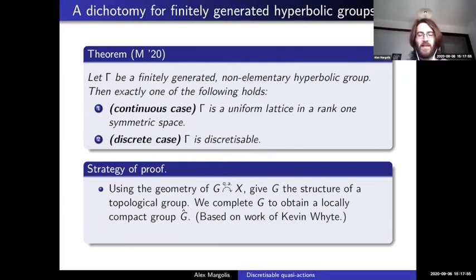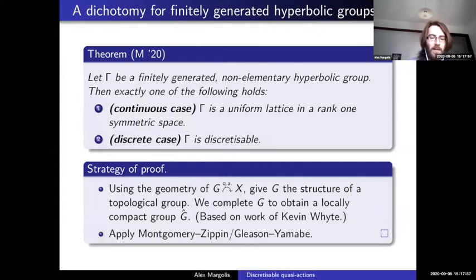And this is based on ideas due to Kevin Whyte. And then we can apply some structure theorems for locally compact groups to deduce that essentially this group G hat is either totally disconnected or is a Lie group. And that corresponds to either this case, the group is a lattice in a rank 1 symmetric space, or it's discretizable.